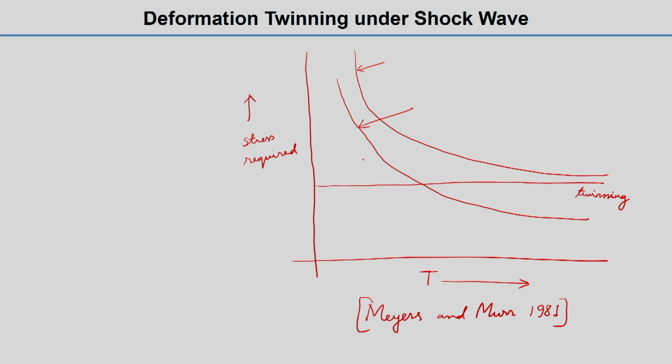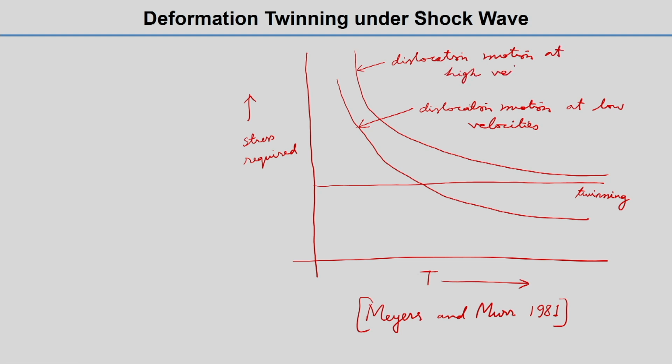The first one, whatever we drew first, is dislocation motion at low velocities, and the second one is, as you can guess, dislocation motion at high velocities.